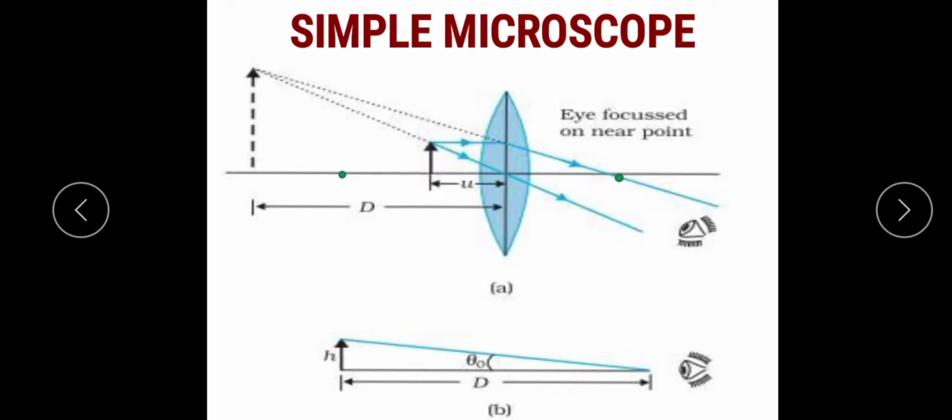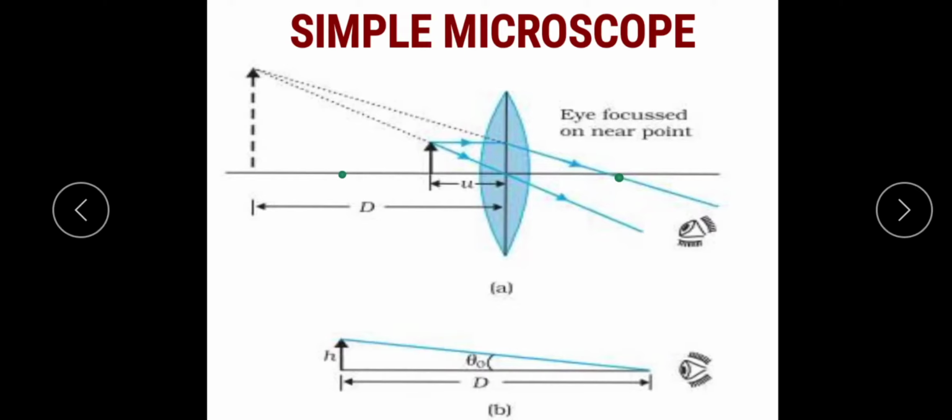Here one definition is there, that is the angular magnification or magnifying power. The magnifying power of a simple microscope is defined as the ratio of the angle subtended at the eye by the image to the angle subtended by the object, when both are at the least distance of distinct vision, or the nearest point.